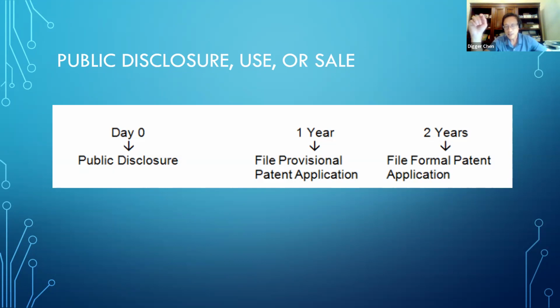What is the priority date? It is the date you file the provisional application, meaning that's the day of your invention. For example, today is January 7th, 2023. You file a provisional application. USPTO records your date, January 7th, 2023.